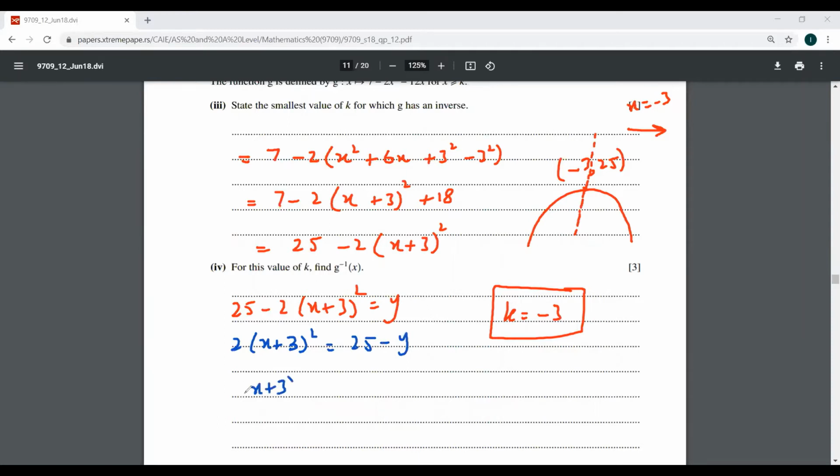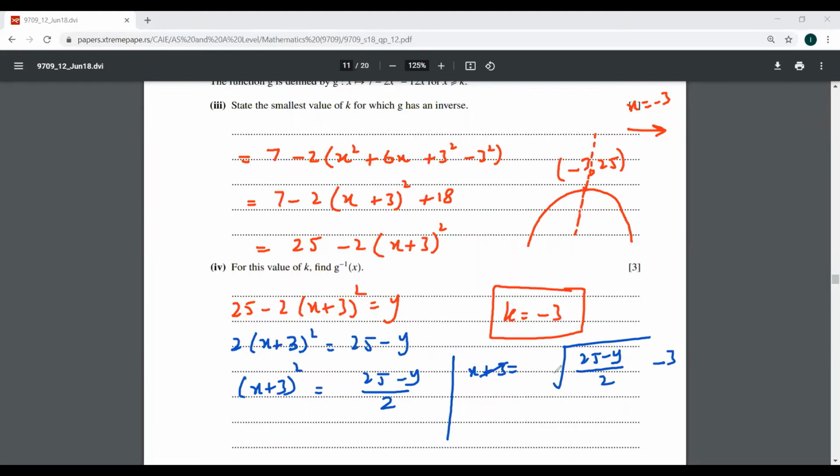X plus 3 whole square is equal to 25 minus y over 2. So you have x plus 3 equal to the square root of 25 minus y over 2, and this plus 3 goes here, this is going to be minus 3.